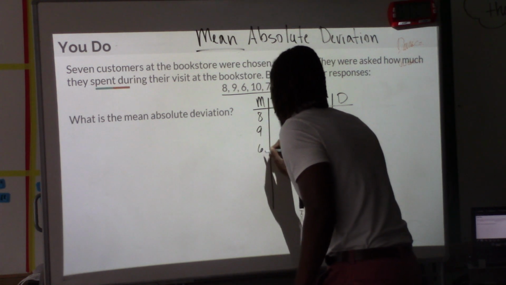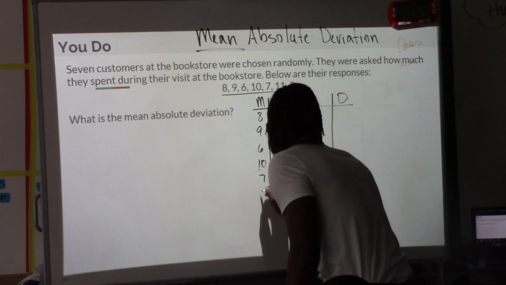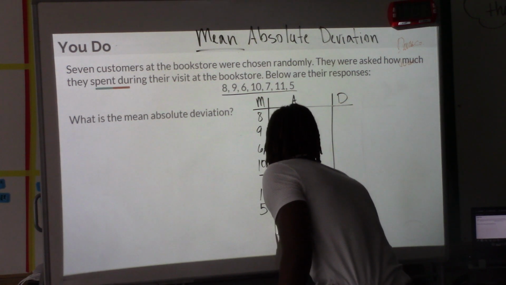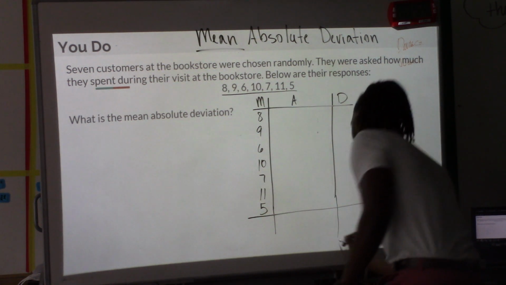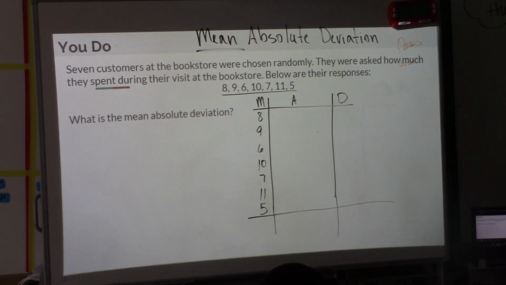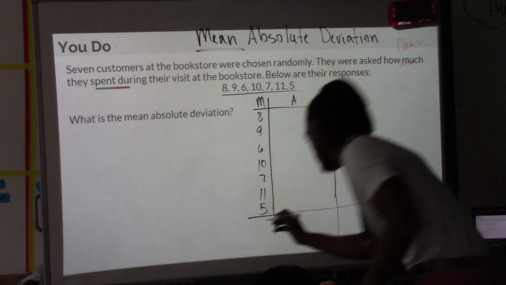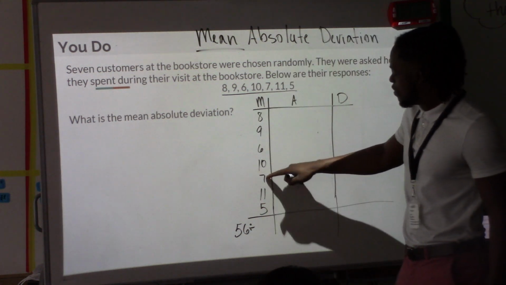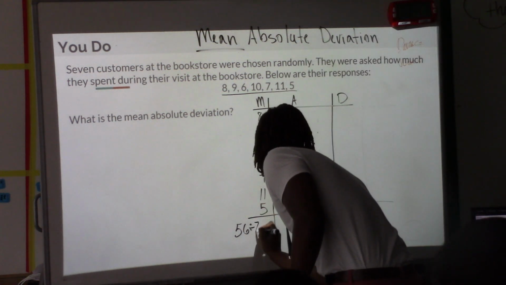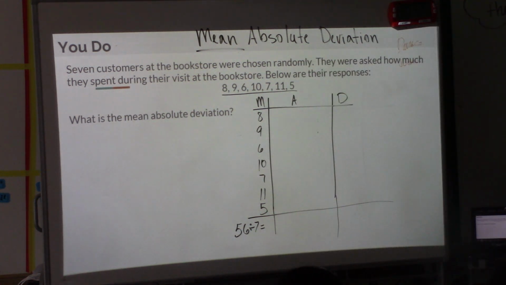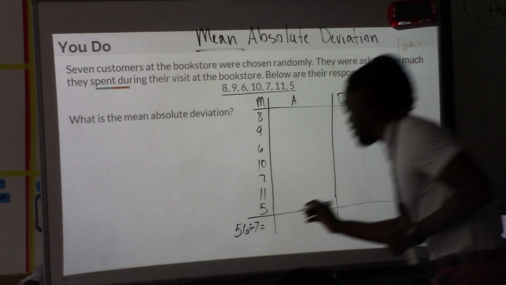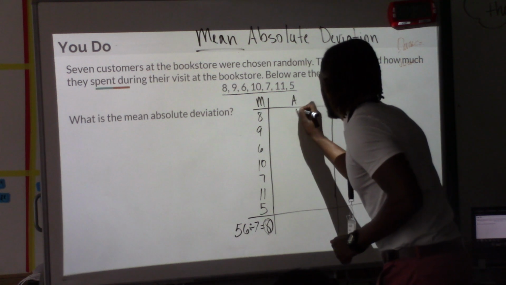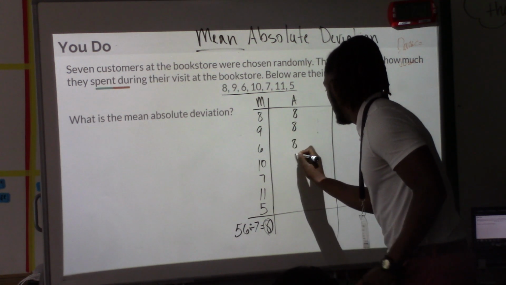If you're confused, just make sure you look up here and see if you're going in the right direction. If you see what I see on this board, you're doing something right. About 40 seconds left, and then I want you to look back up here and make sure you're identifying what I have compared to what you have.